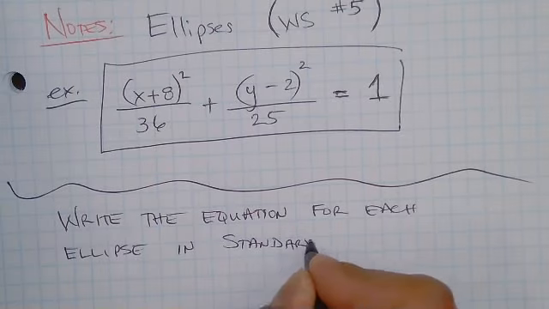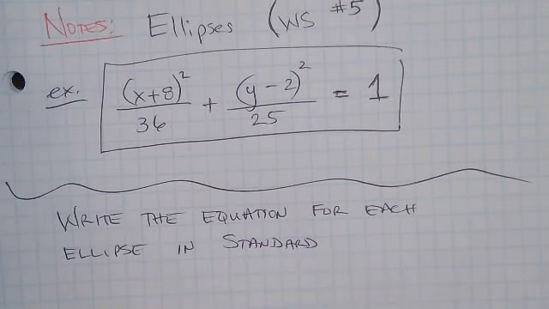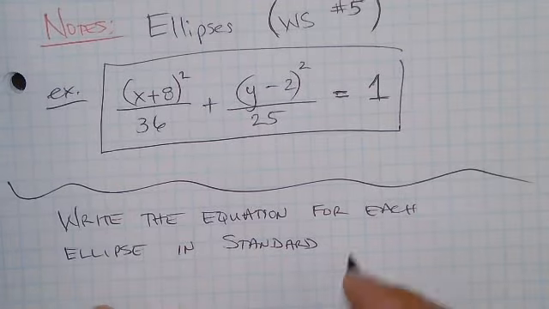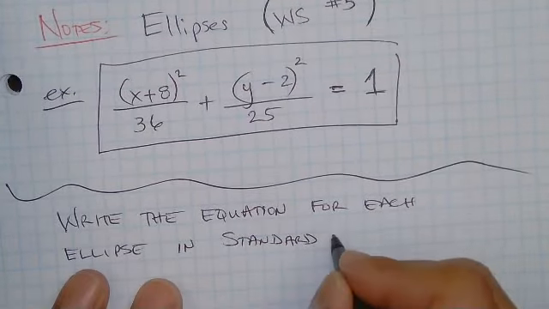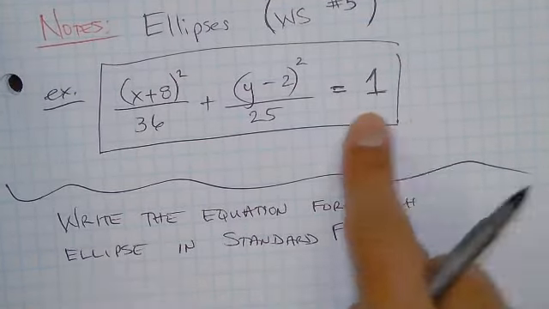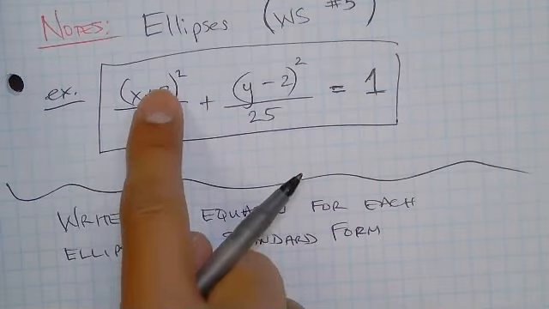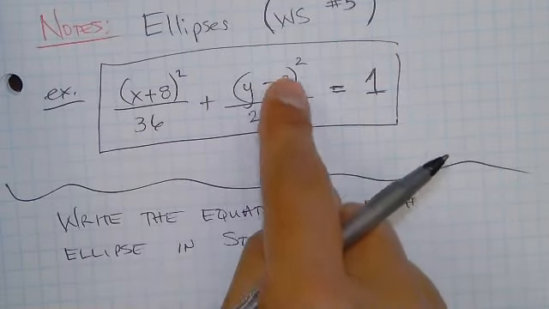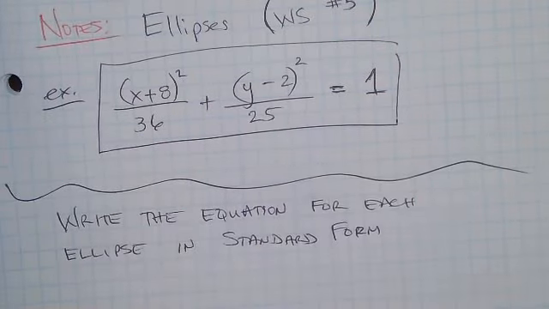They might word it a little bit differently, but essentially they're asking you to write the standard form of the equation for an ellipse. Standard form being what? Like this up here, where we've got the x squared over a number, the y squared over a number, and then the equals 1.